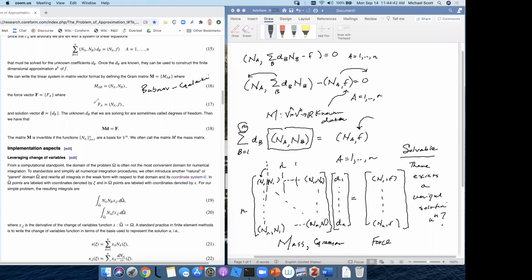I'll give you a hint. It has something to do with the basis of VH. If the basis of VH is what, then linearly dependent columns. What about the basis? Basis of VH is what?